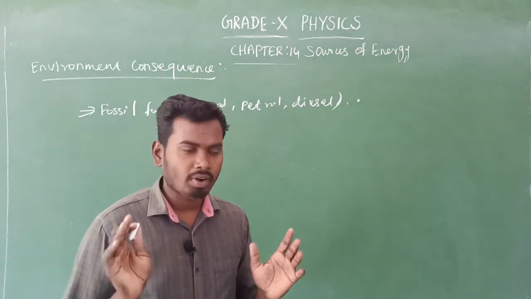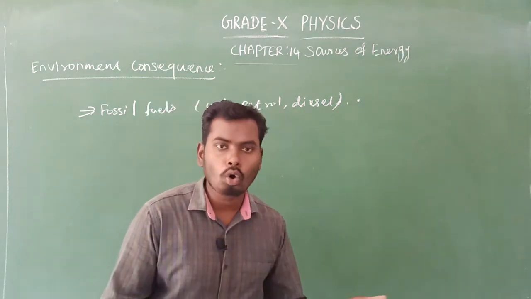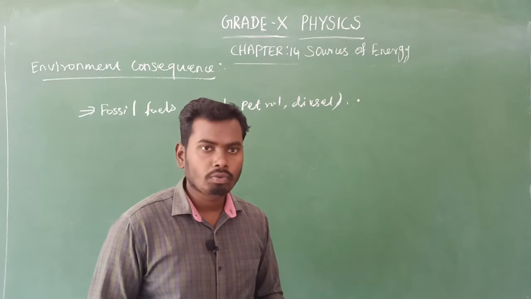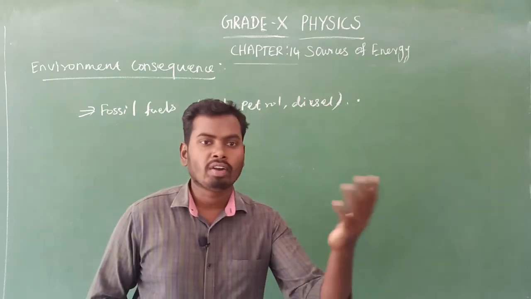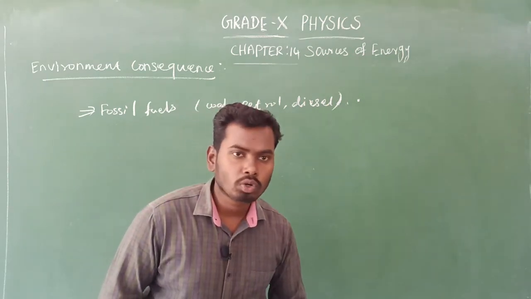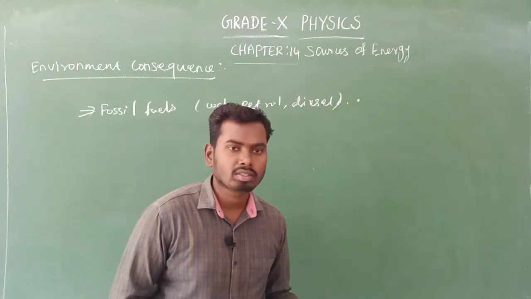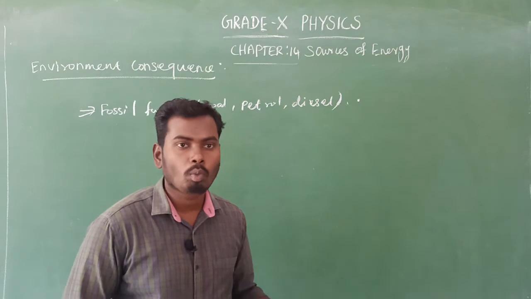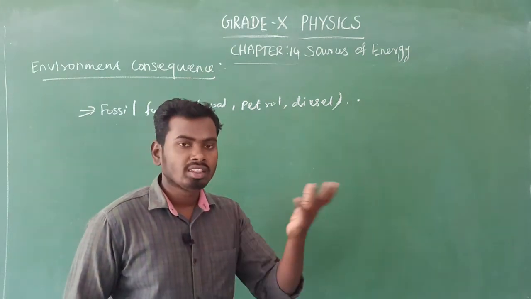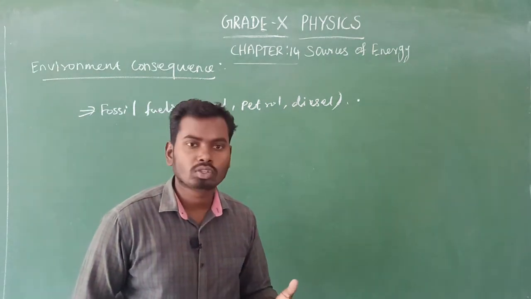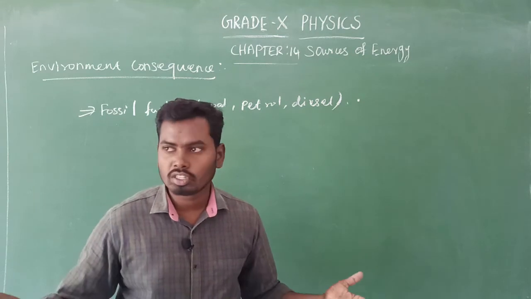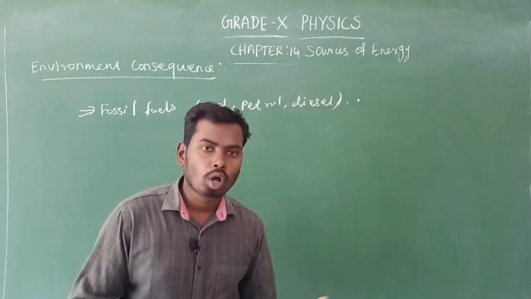Isn't it? Yes. For example, in the thermal power plant, the coal fuel is burning. This leads to environmental pollution. When coal burns, this leads to carbon dioxide, carbon monoxide, sulfur dioxide, so many gases. Carbon dioxide leads to the greenhouse effect, which means global warming.